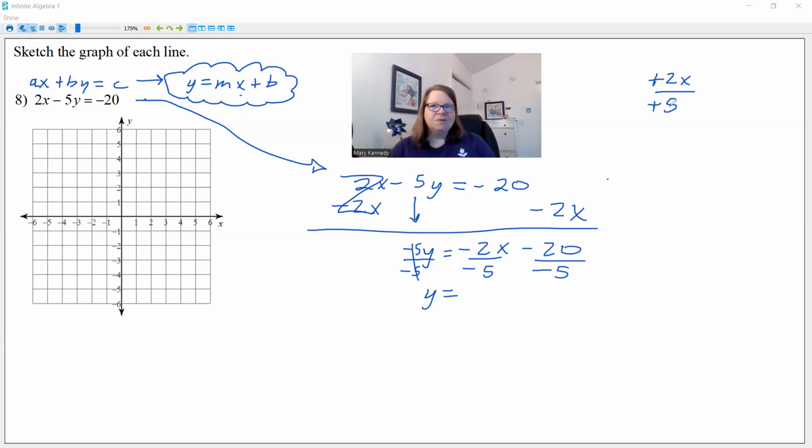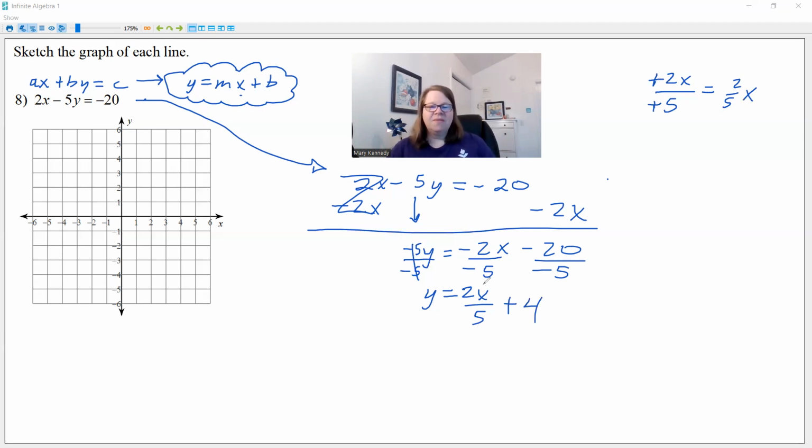And that doesn't reduce. 2 doesn't simplify other than 2 times 1, and 5 is just 5 times 1. So there's nothing to reduce or simplify with that fraction. So this is just 2x over 5, or you might see it written as 2/5 x, either way. Then -20 divided by -5. Well, negative divided by negative is positive. 20 divided by 5 is 4.